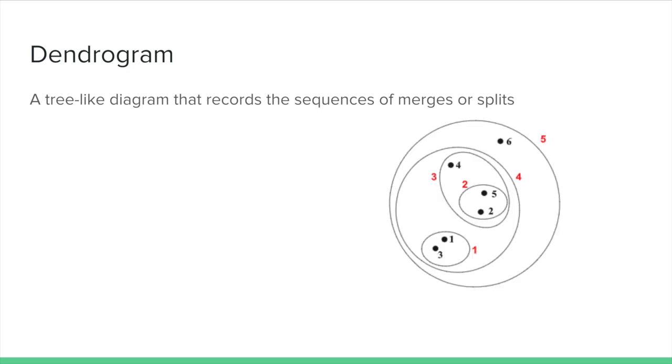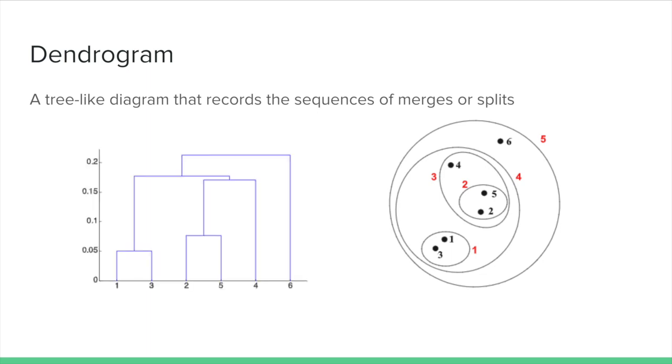Here is a cluster result, and it's not very easy to see which points cluster together, but with a dendrogram, as on the left, you can see that 1 and 3 are clustered first, and then 2 and 5, and then the cluster of 2 and 5 merges with 4, and then they all merge together with 6.